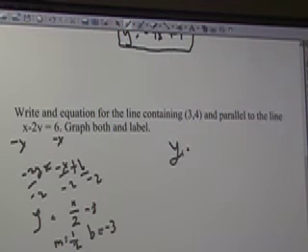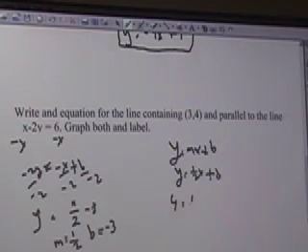So if we use y equals mx plus b, but we use the same slope, then we don't know the y-intercept because it's a new line. We're going to put in 3 and 4 because we still know that the point (3, 4) is contained. Okay, 4 equals 1/2 times 3 plus b.